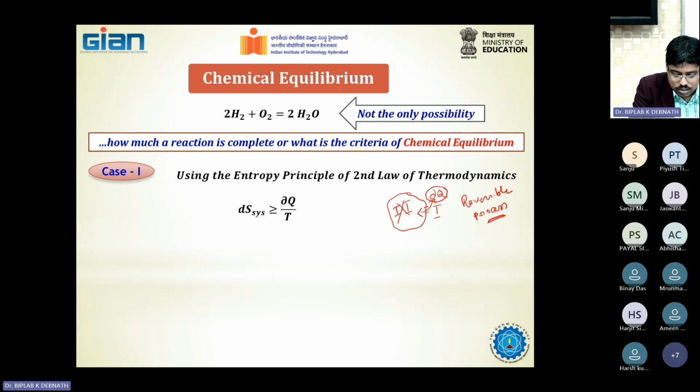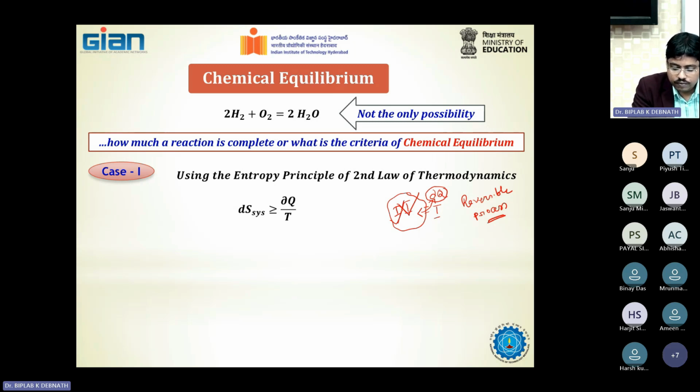Now, dS system can be greater than delta Q by T when internal irreversibility is there. For example, frictional and dissipative effects, which we have already studied in thermodynamics.